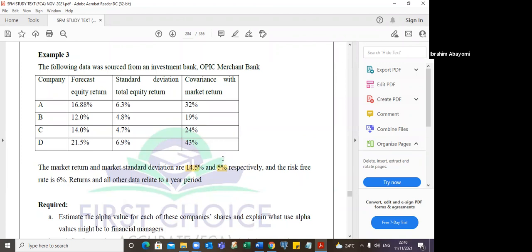No, there is no correlation. So how do I compute my beta? Because before I can compute my required return, I must know my beta. So I will compute beta for company A's share. And how will I do that? Standard deviation of company A's share over standard deviation of the market.